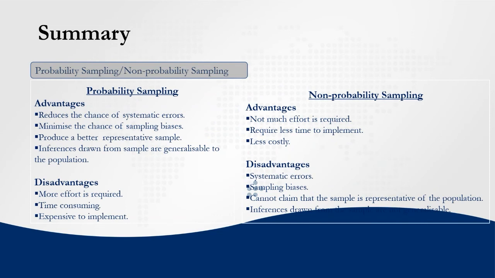So in summary, these are the advantages and the disadvantages. I think I've highlighted them as I was going through the presentation: with a probability sampling approach, you reduce the chance of systematic error and the chance of bias. You can produce a better representative sample, and then you know what you can generalize to. Obviously, it requires more effort, more knowledge, more time, and maybe it's also expensive because you need a list.